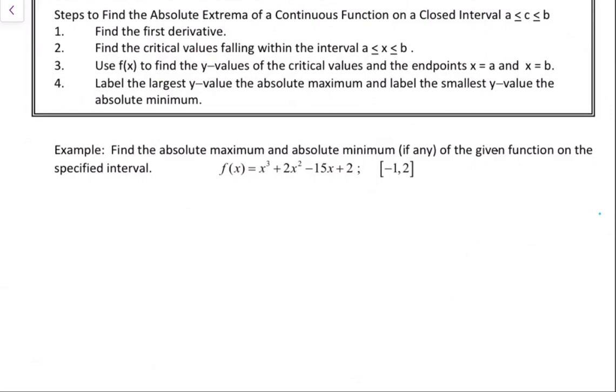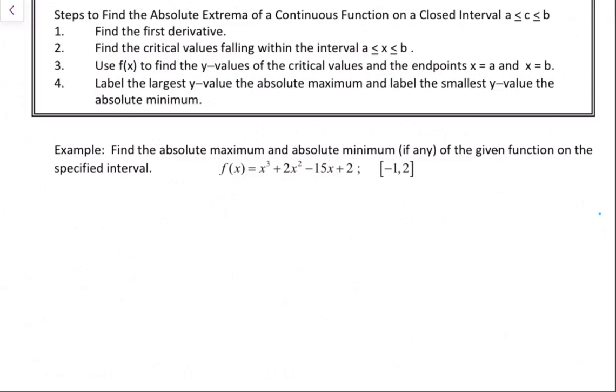And then we're going to eliminate any x's that don't lie in the given interval. Then we're going to find the y values of all of those critical values that are in the interval, along with the endpoints of the interval. And the largest y value is going to be my highest point, so my absolute max, and the smallest y value will be my absolute min.